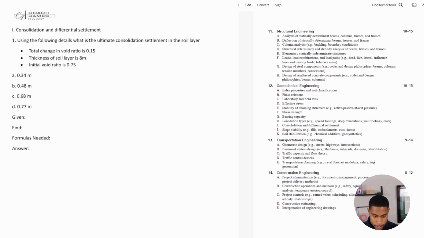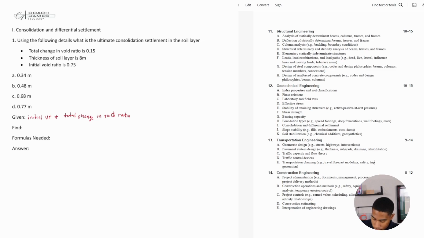Okay, so let's write out the information that we're given. We're given the initial void ratio, and we're given the total change in void ratio. Okay, so what else are we given?